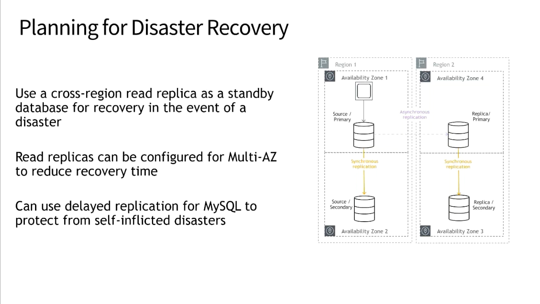You can also set delayed replication, which is a feature that came out more recently, if you want to protect yourself from your own mistakes. So you can intentionally ask to have a replication lag when you're replicating to the other region, so that if you make a mistake, you know that the other region is, let's say, 5 minutes behind, so you get the opportunity to recover from that error. So that's an optional feature in case you want to make it intentionally delayed.